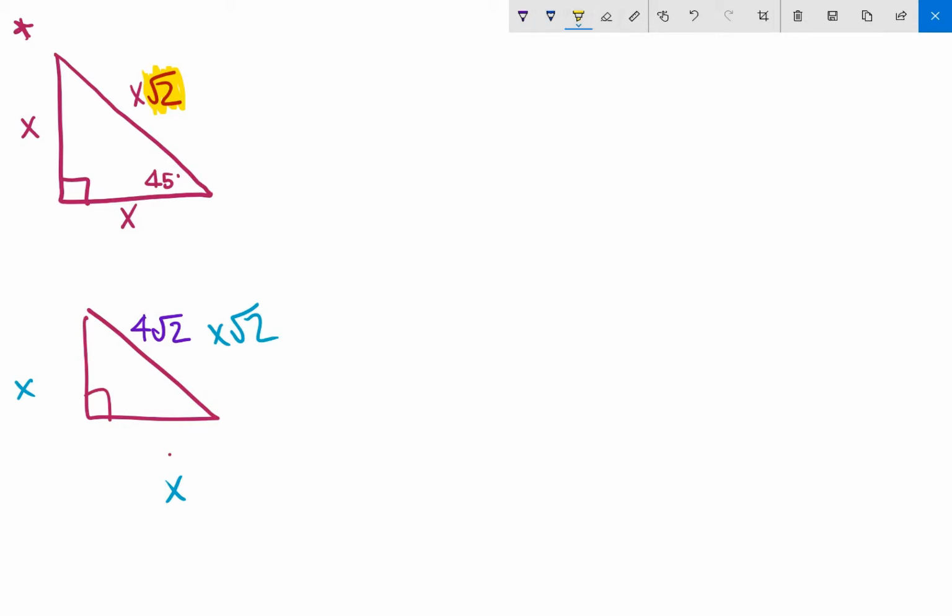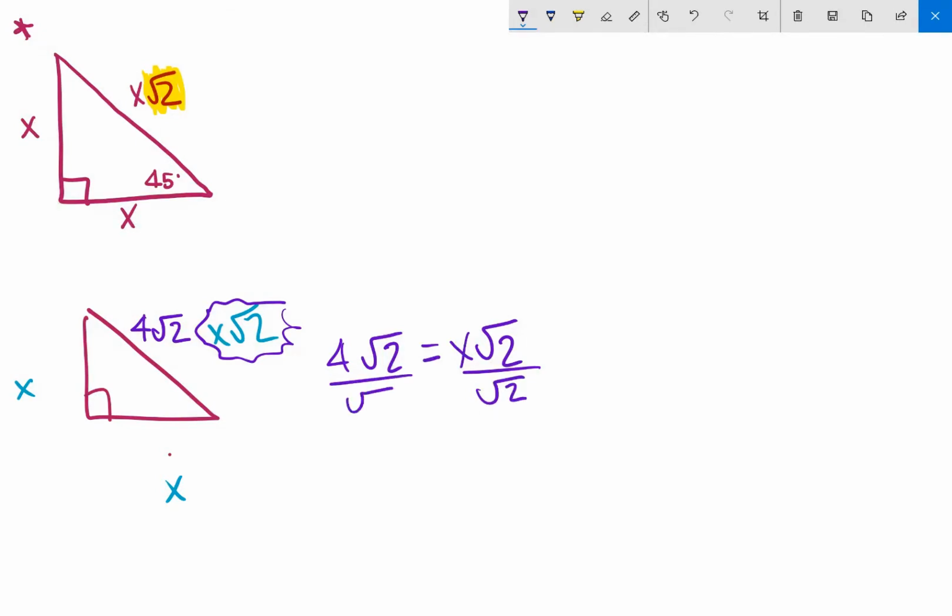We have this square root of 2 being shared, which means my x is just the thing in front, which is the 4. Now, if you don't see it that way, anytime you have a value for one of the more complex rules, you take your value and you set it equal to the rule. So then, because we're just trying to solve for our sides, we would divide by the square root of 2 to get it away from the x. And then in this case, it just cancels out, so we get that x equals 4.